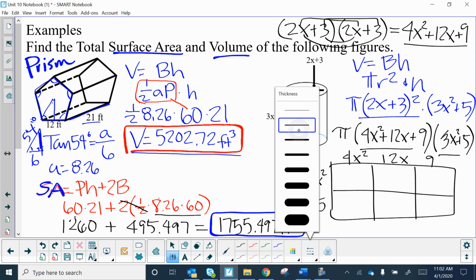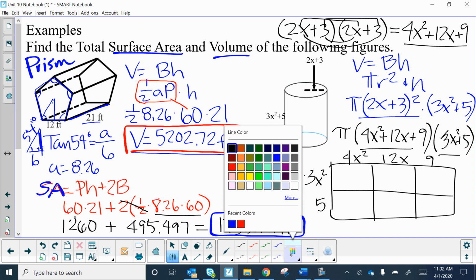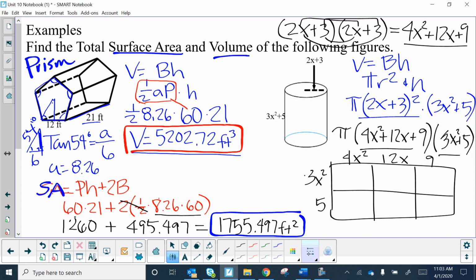Let's get a different color. Let's use red. So 3x squared times 4x squared is 12x to the 4th. 3x squared times 12x is 36x to the 3rd. And 9 times 3x squared is 27x squared.